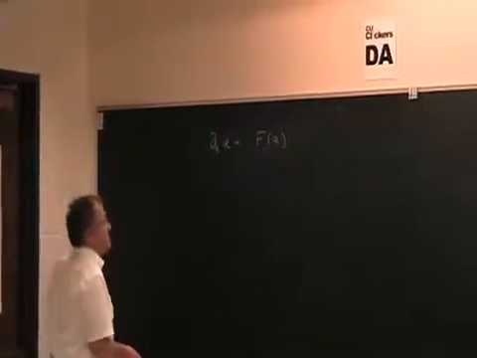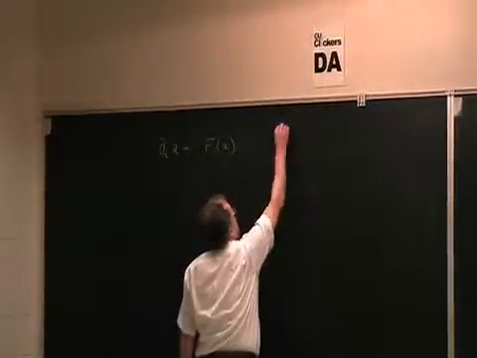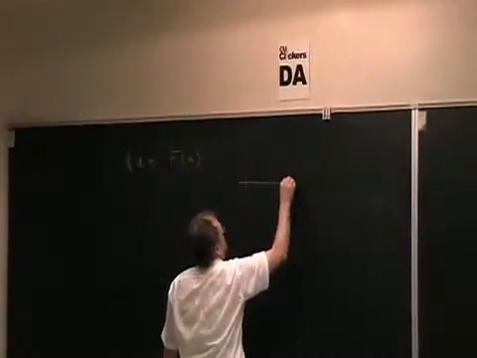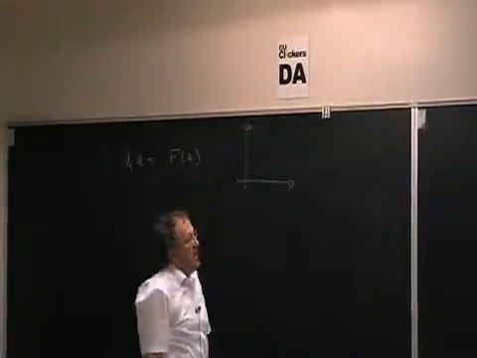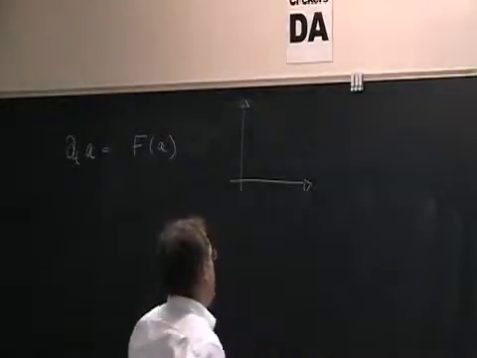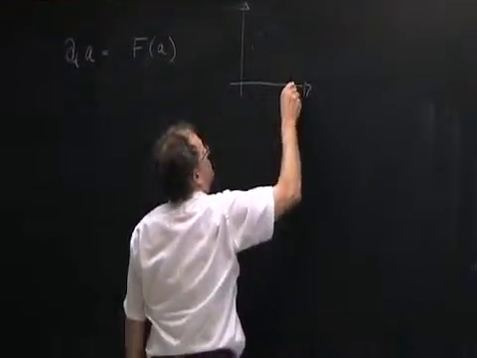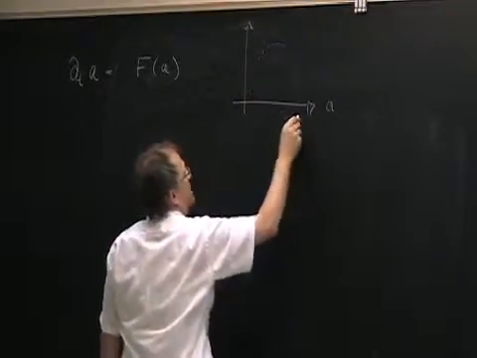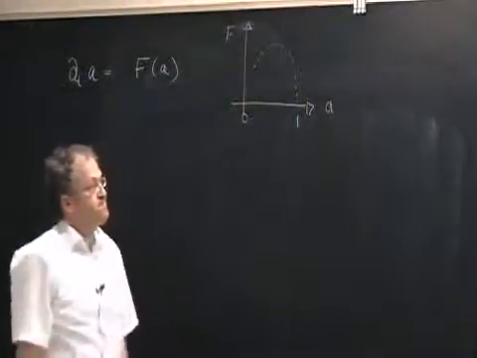Now let's look at the various cases which we have here. Let's look at the prisoner's dilemma game first. So here I have an overall factor which is A times 1 minus A. So that would be a structure which looks like this, if I put here A, here 1, here 0, here f.